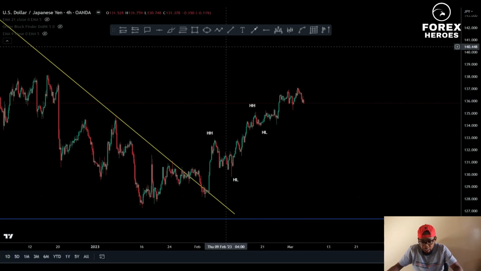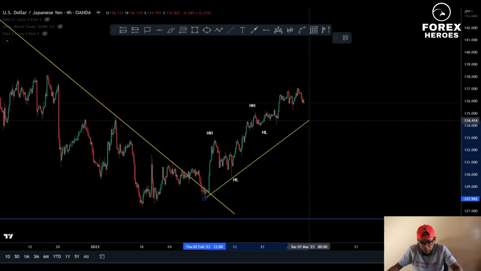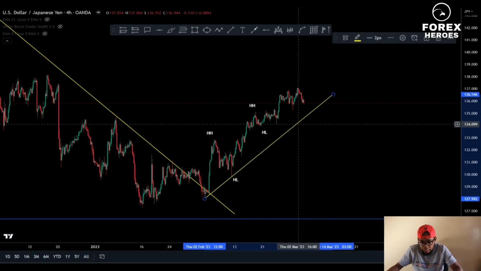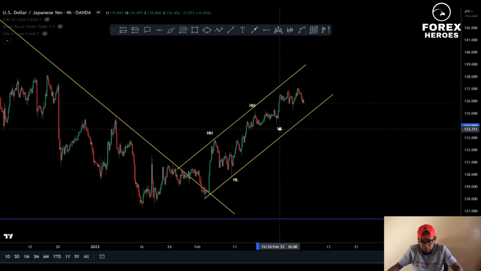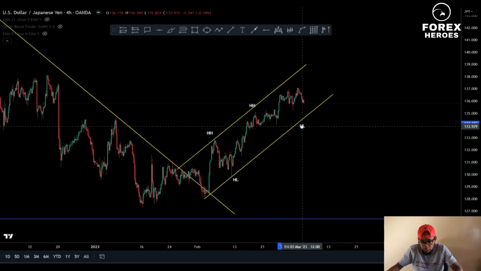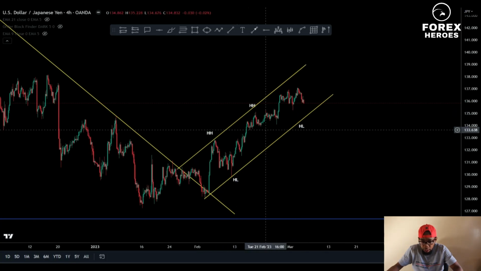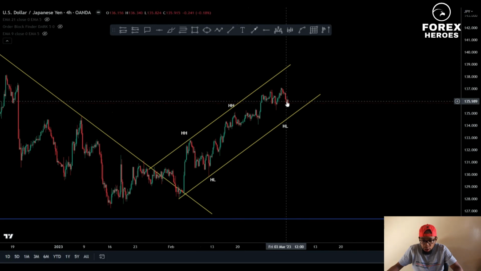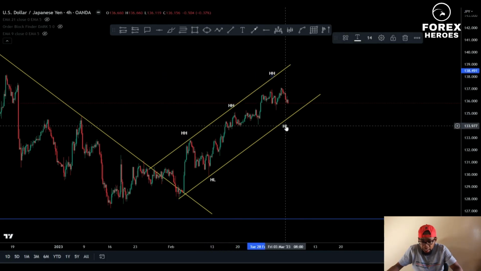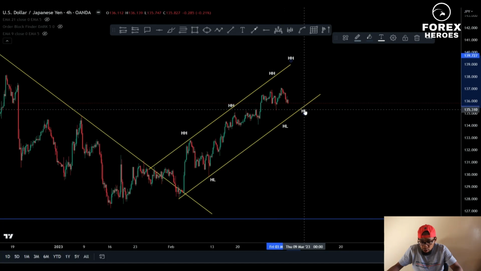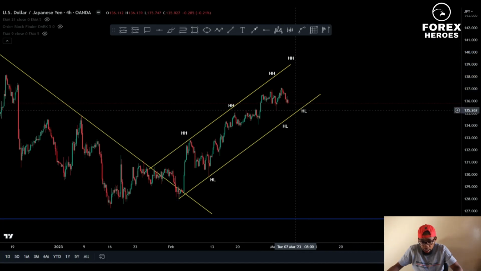So the market has to respect these properties for us to keep on being in an uptrend. I can just put this here at this level. We created a higher high, and now we're expecting to create a higher low around this point.